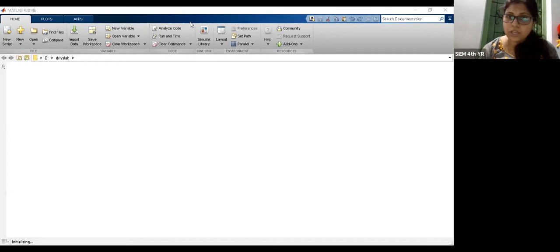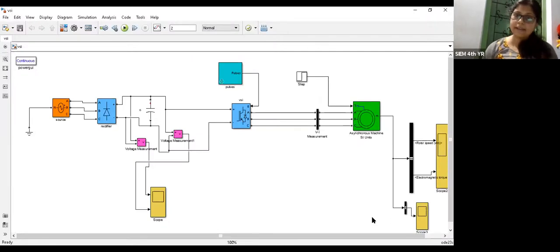So this is the entire model of the voltage source inverter fed induction motor drive. Now you can see that the source voltage is AC.